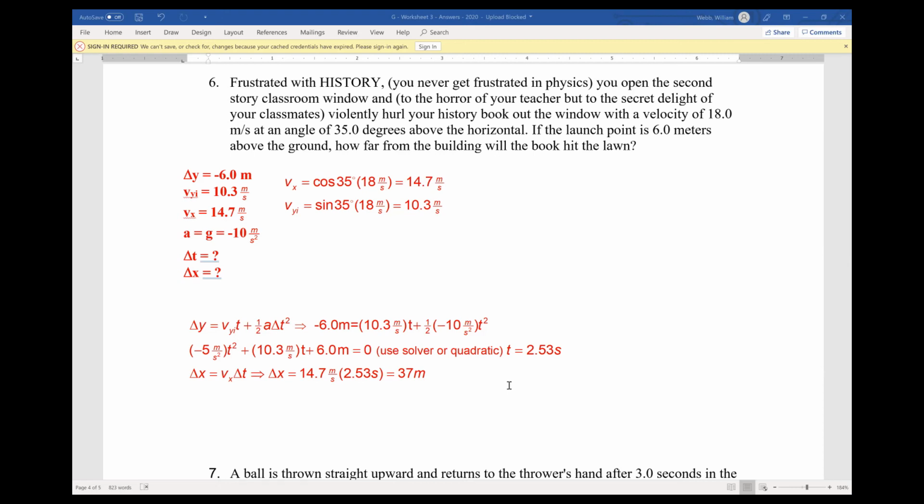If we're thinking about sig figs here, this time really should be 2 because the 6 meters was 2. So that would be 2.5, and then this would be 37. So they've rounded their final answer to the 2 sig figs based on 6 meters, but they haven't rounded intermittently in between.